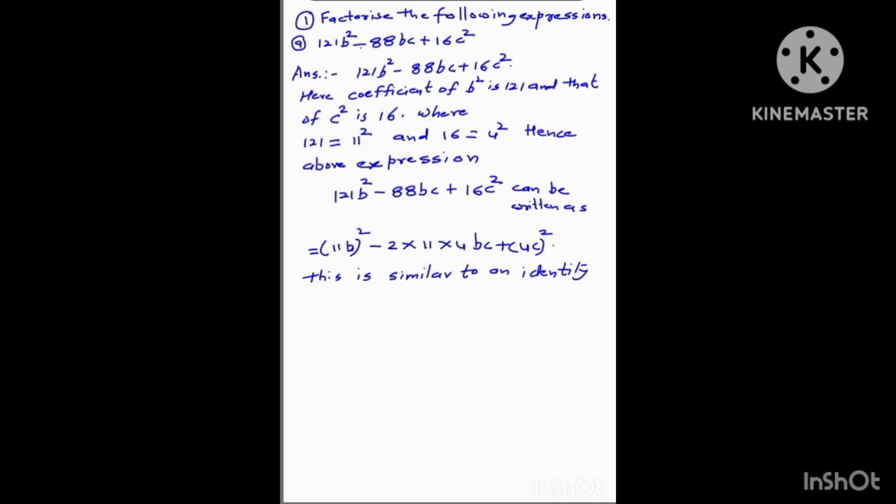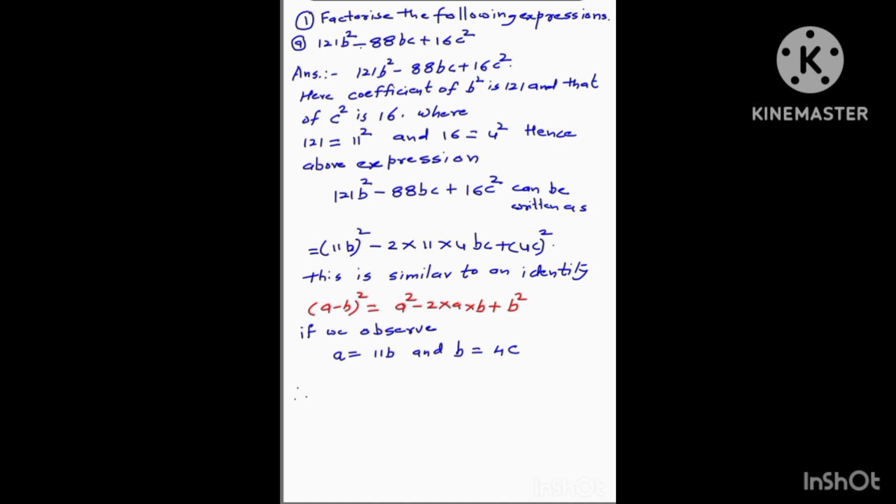Now you have to look for the identity which is similar to this. We have to add all these identities, and then these problems will be very simple. This is similar to the identity (a minus b) whole square is equal to a square minus 2ab plus b square. If you look for the similarity, a will be 11b and b will be 4c. Then substitute.